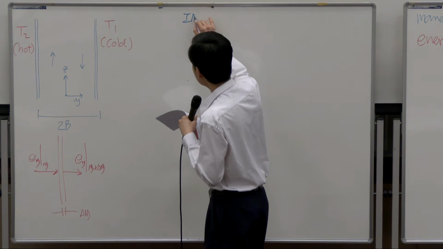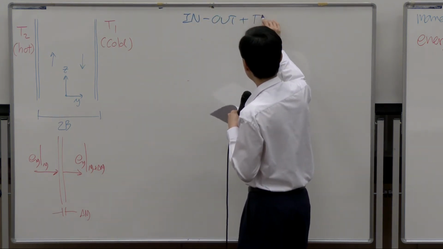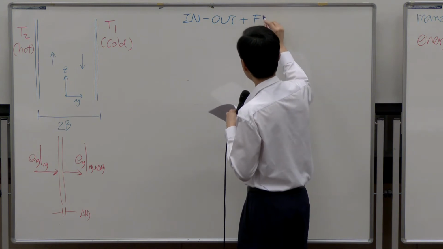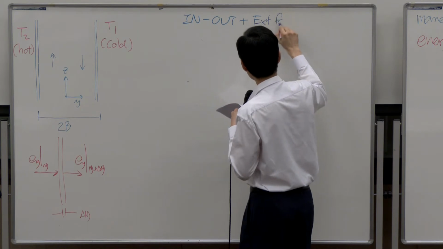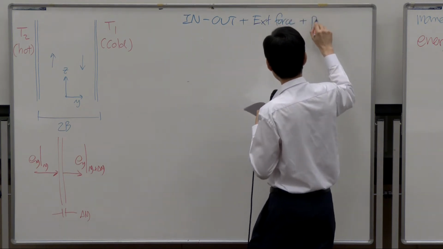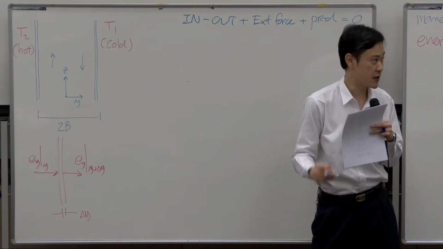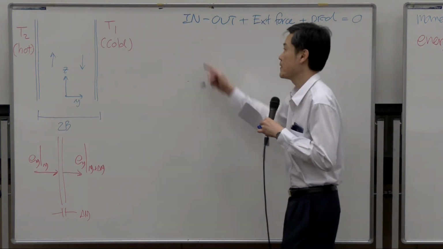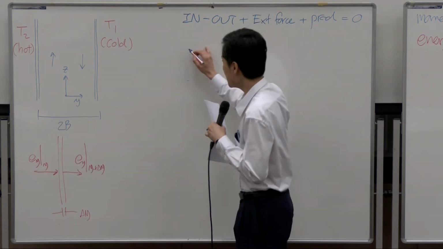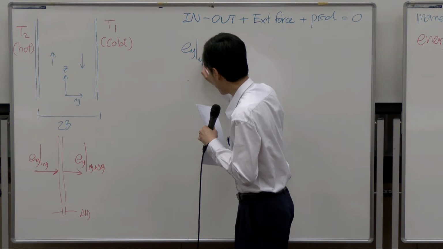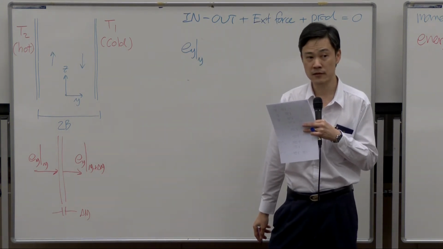So we have input minus output plus the term from the work from external force plus energy production equal to 0. That's the shell balance for energy. Okay? Input is this term. It's basically the flux itself multiplied by the area perpendicular to the flux.